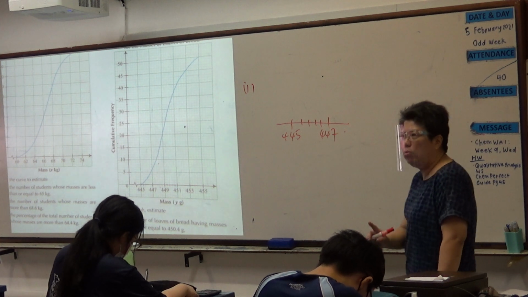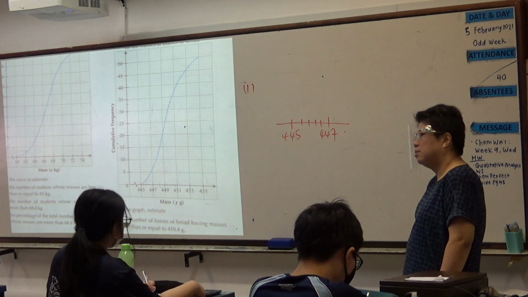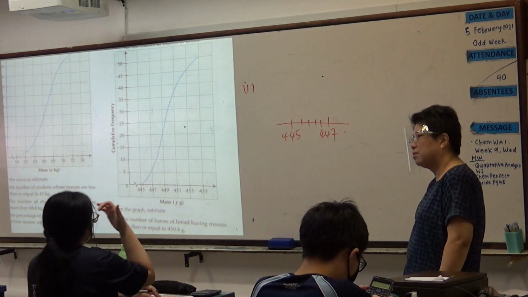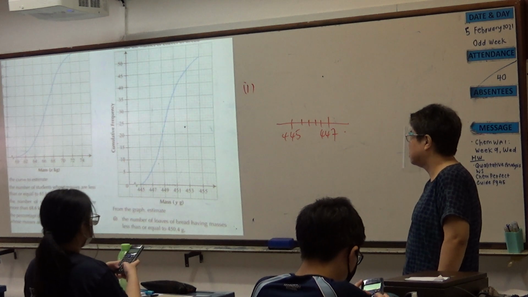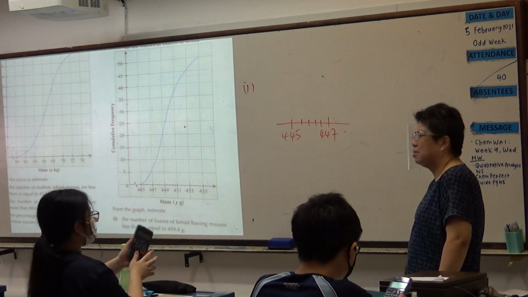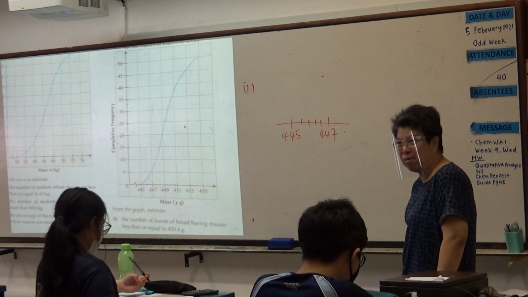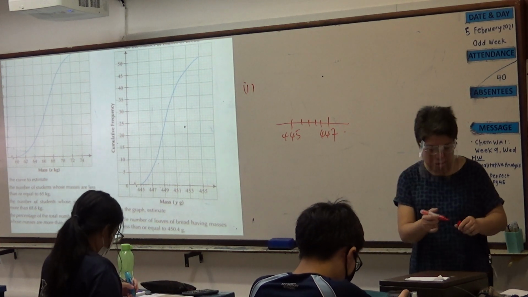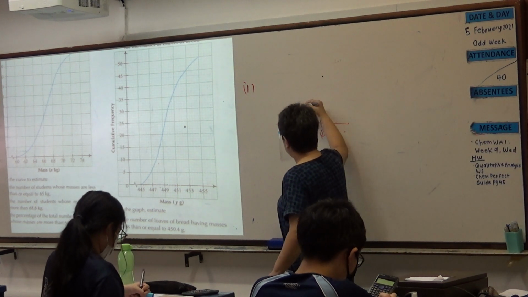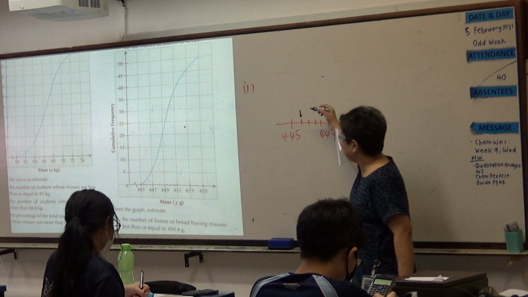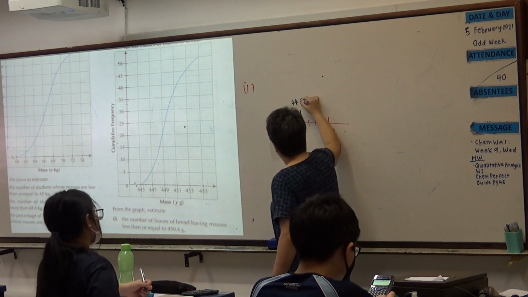Okay, I want to know one small square is how much? 0.4, right? Everybody agree one small square is 0.4? Yeah? Okay, good. If one small square is 0.4, how much is this? 445, 445.4.